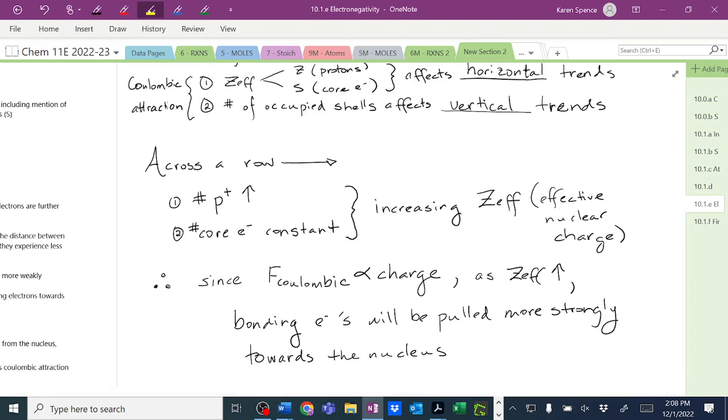So we have talked about the number of protons. We have talked about the number of core electrons. We have talked about Zeph, and we have talked about the Coulombic attraction. Okay, so those are 4 things that you want to have in your answer. Yes?